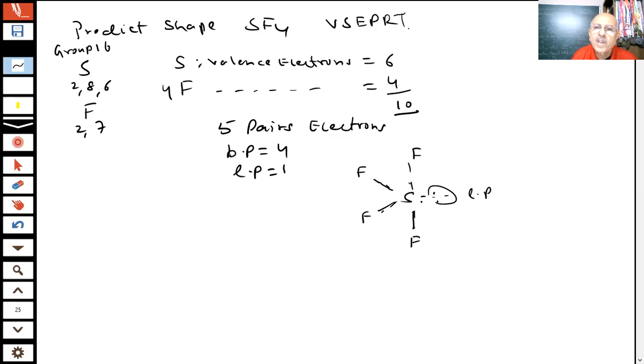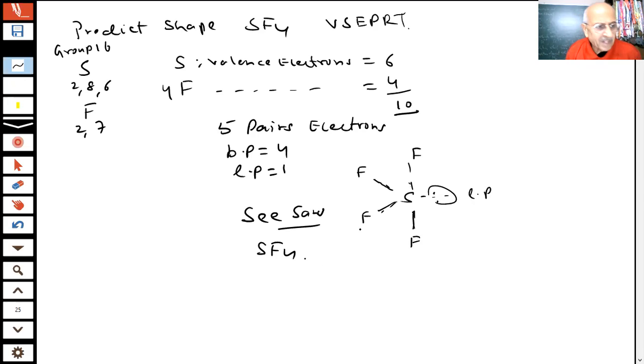So how will it look, what shape do we call this, students? This lone pair will not show in the shape. This shape is what we call seesaw. This is called the seesaw shape, like the seesaw that the carpenter uses. SF4 is seesaw, students.